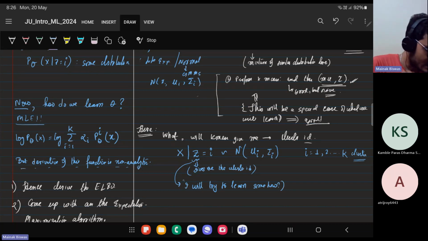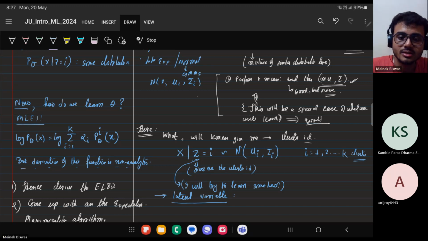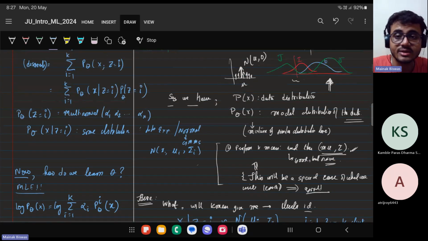In this type of algorithm, this is called a latent variable. What does latent mean? Latent means hidden, right? This variable is not in the data set. In the data set, you may have the height, but this cluster ID is a variable that is very useful to me.